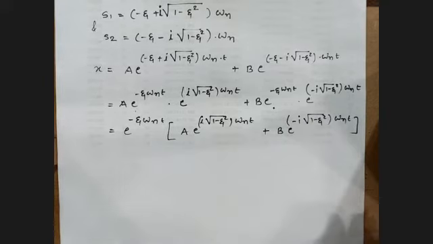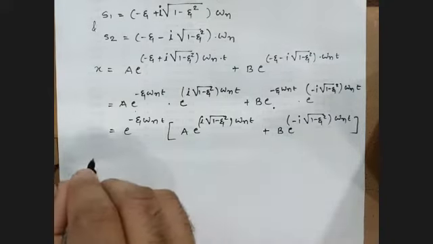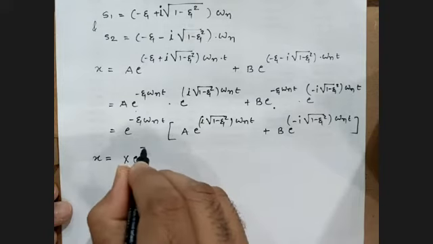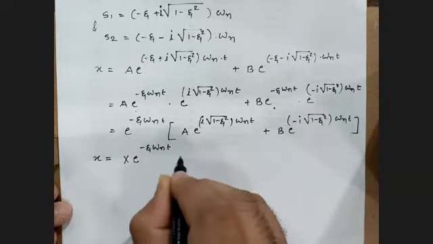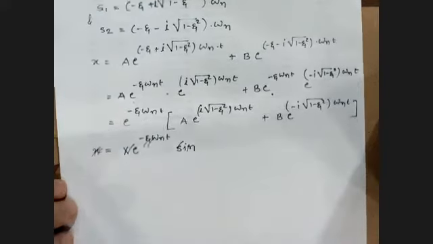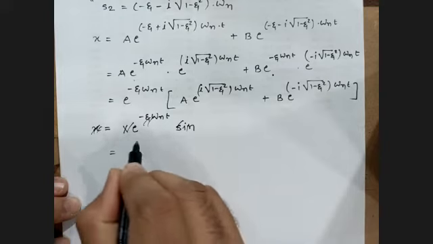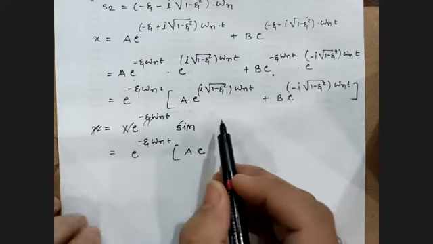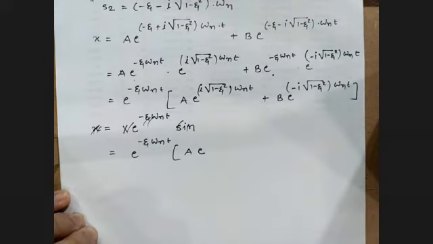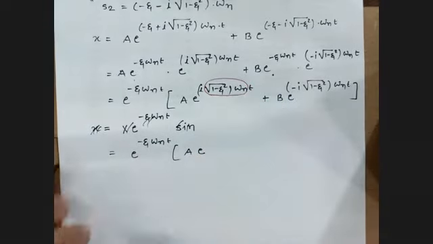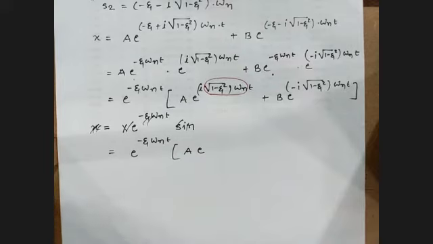Now, as per Euler's theorem, we can simplify this and write the equation in the form of x e to the power of minus zeta omega n t sine of... but before using this, let us simplify it further, and you will get a better idea. Here, e raised to minus zeta omega n t into a e to the power of i, and this term, I'm talking about from here to here, let us consider as another constant called the damped natural frequency omega d.